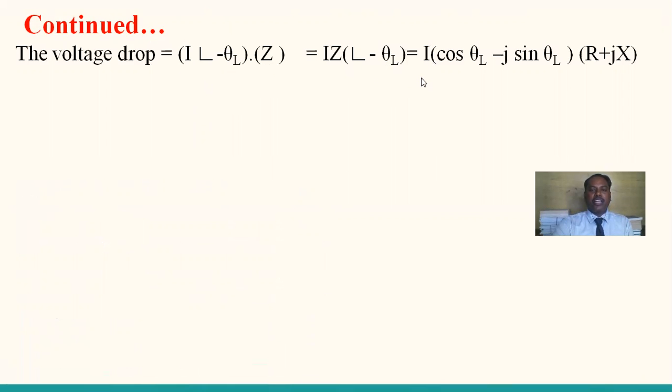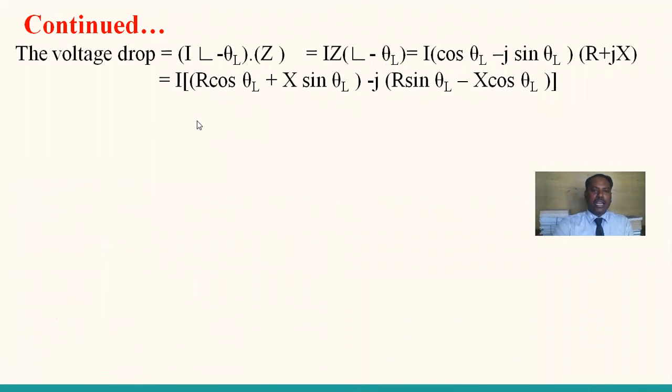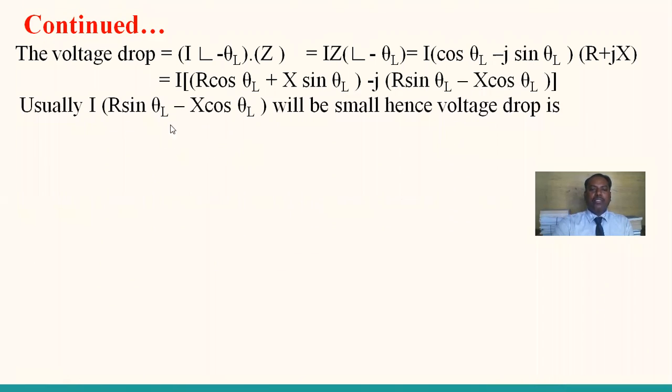This can also be written as I into cos theta L minus j sin theta L into R plus jX. So this can also be written as I into R cos theta L plus X sin theta L minus j into R sin theta L minus X cos theta L. After multiplication, usually I into R sin theta L minus X cos theta L will be small.